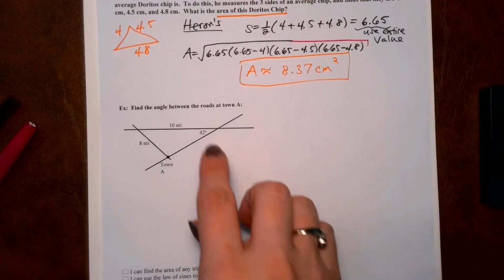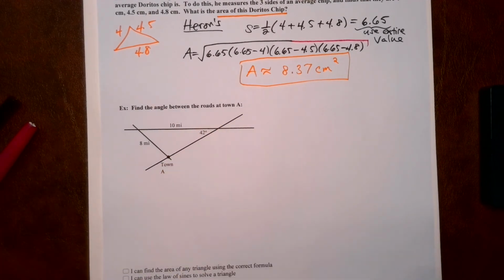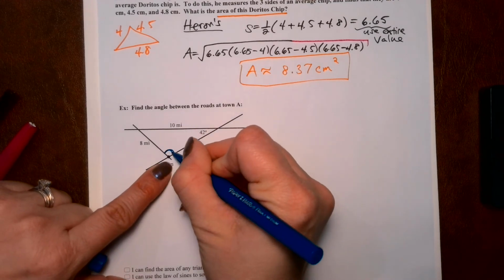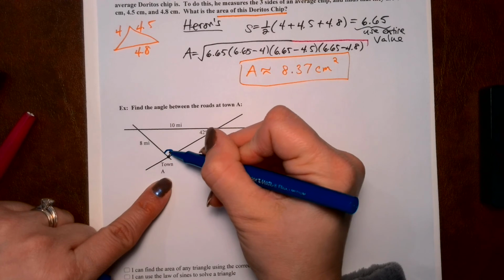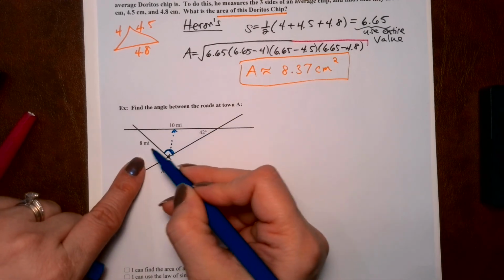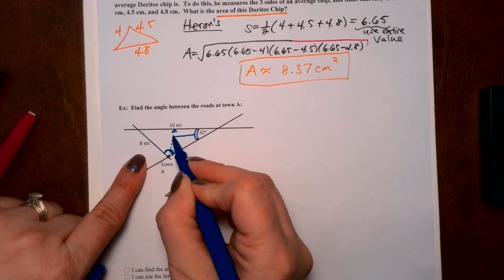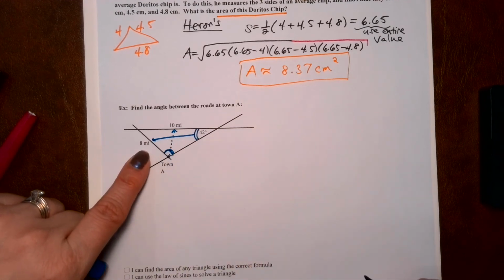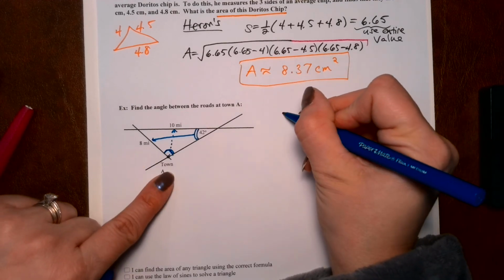Okay, last one. Find the angle between the rows at town A. So this is the angle I'm interested in finding. Angle A is across from this side, which is 10. And they did give me some more information. I know that this angle is 42, and it's across from side 8. So let's use the law of sines.